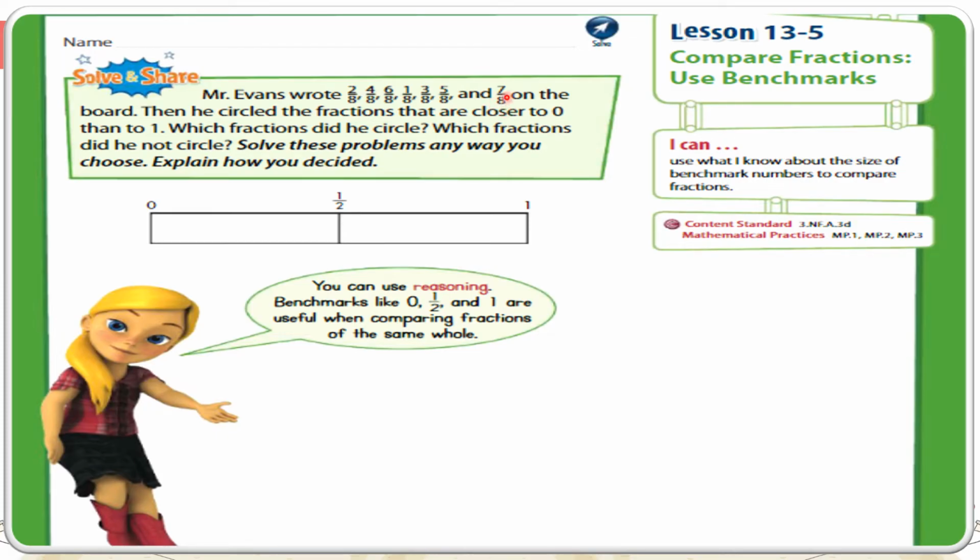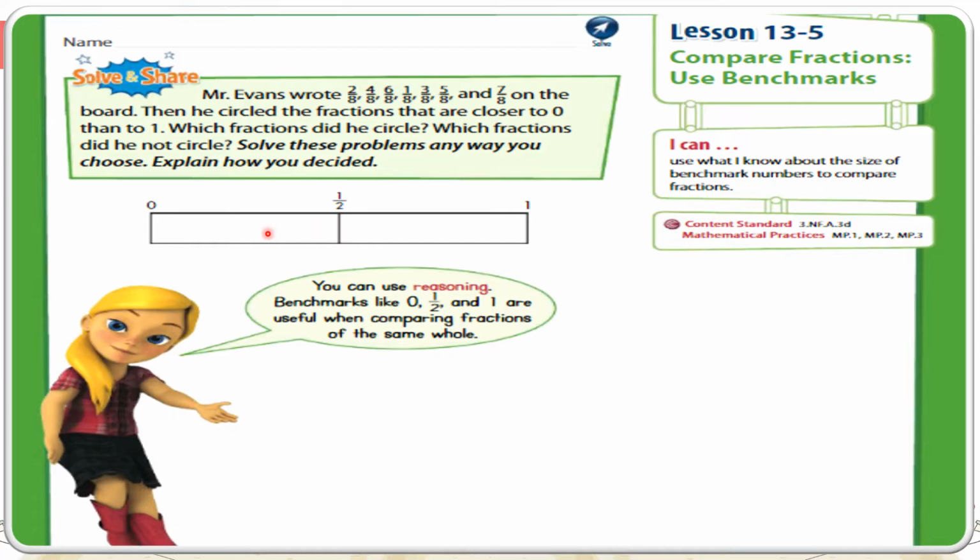So after 7 we will have 8 of 8. When numerator and denominator are the same, that is equal to 1.